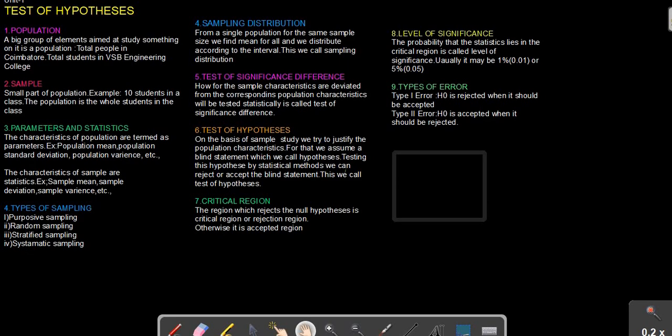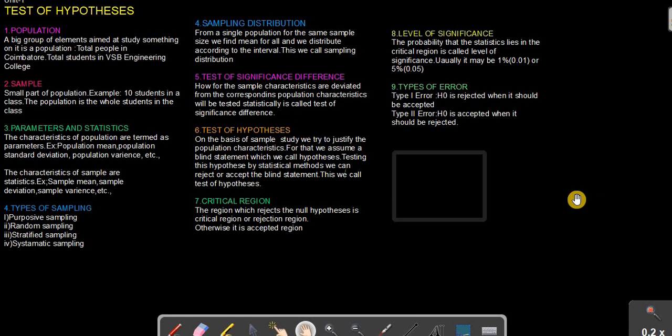The remaining 99% we can accept H0. For 0.05, 95% we can accept, but 5% we cannot accept. That is the meaning. These are called the levels of significance.